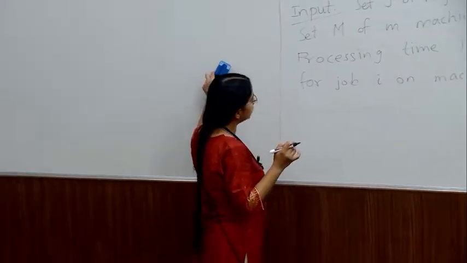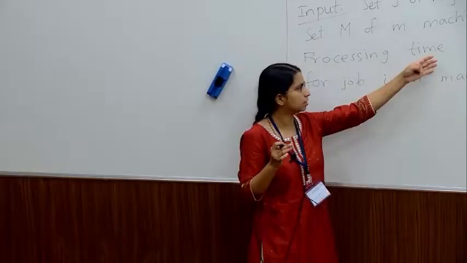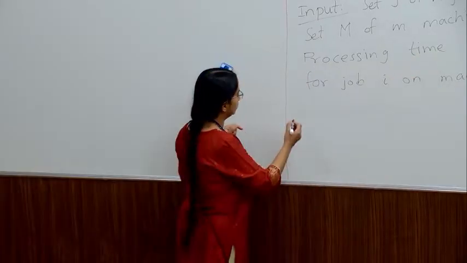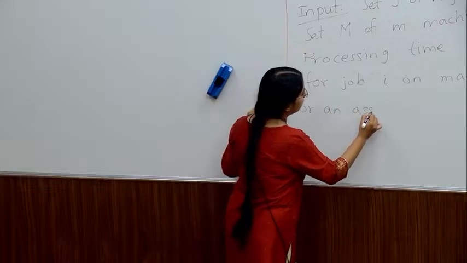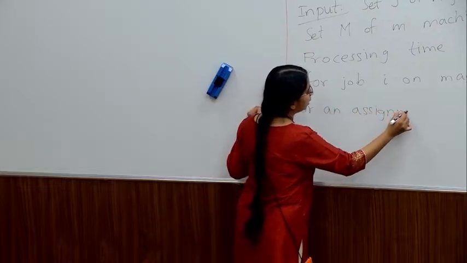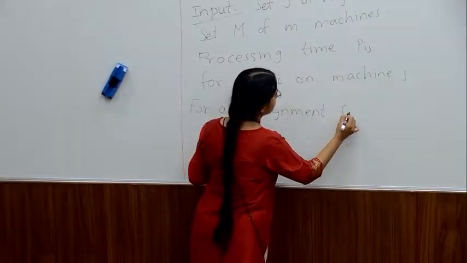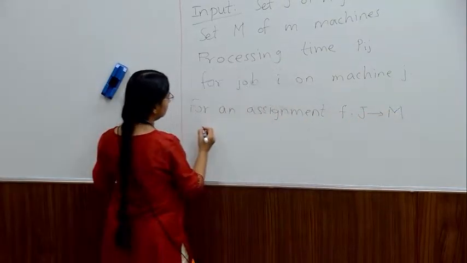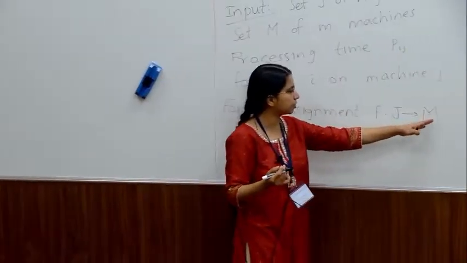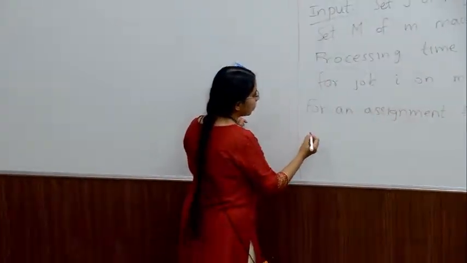Depending on which machine it is assigned to, the time of the job will be decided. So for an assignment, let me call the assignment f, of jobs to machines. This is of course a function because every job gets assigned to exactly one machine.